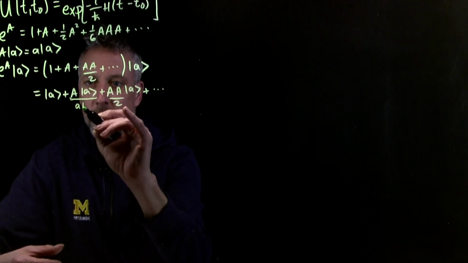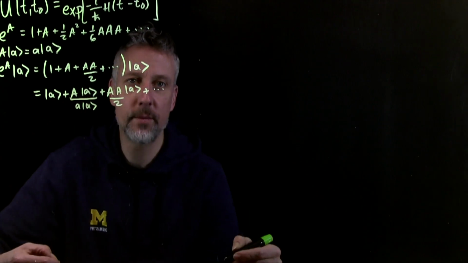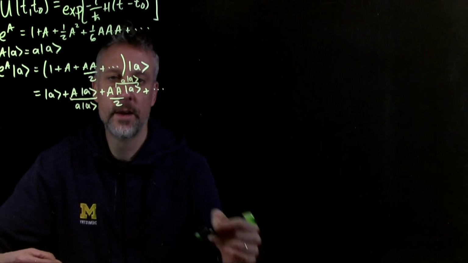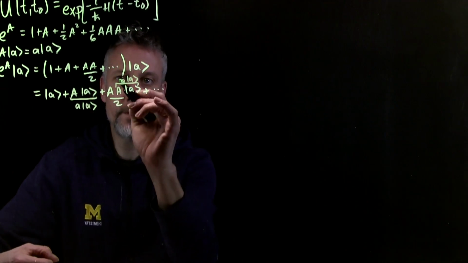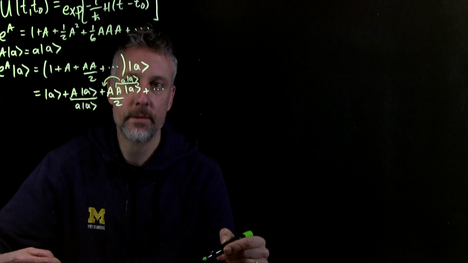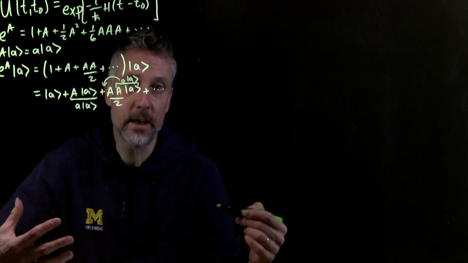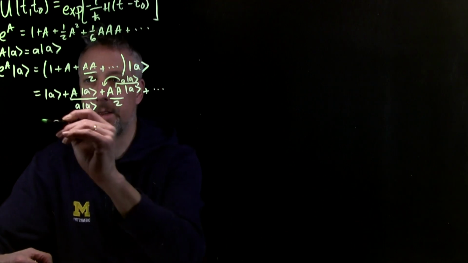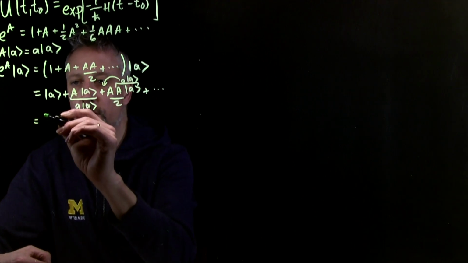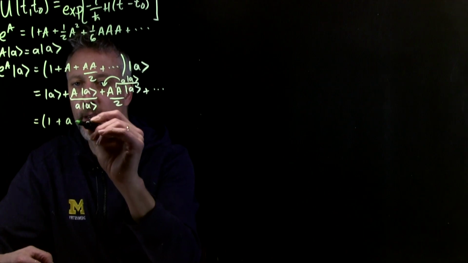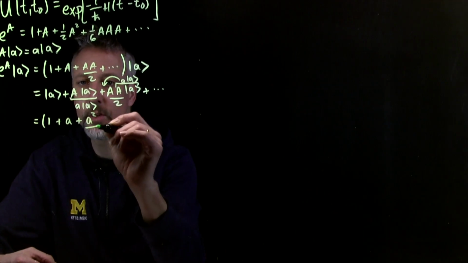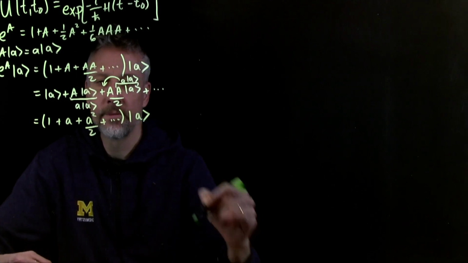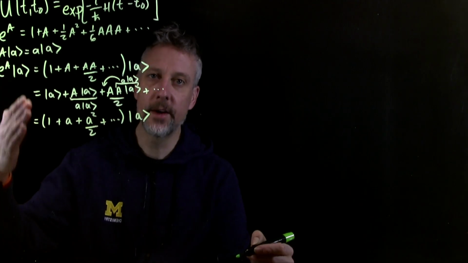This is little a times |a>, eigenvalue times |a>, and that's a number. So this a can move out. Now we have A acting on |a> again, so we have A squared operating on |a>. So clearly we end up with 1 plus a plus a squared over 2, and so on, operating on |a>. You can do this for any function.